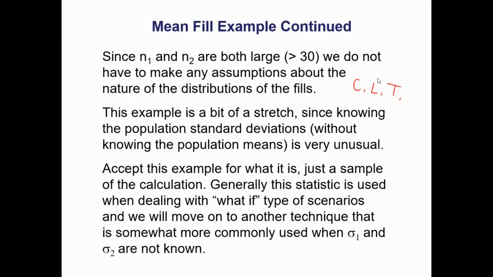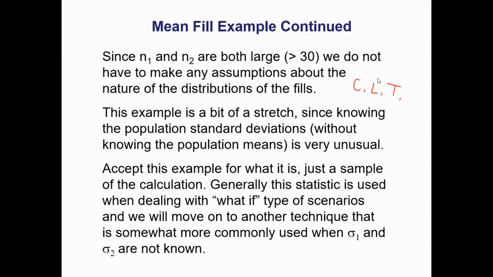Again, this example is a bit of a stretch, since knowing the population standard deviation without knowing the mean is pretty unusual. Accept this example for what it is. It's just a sample of the calculation. And generally, we're going to use this dealing with what-if type of scenarios.